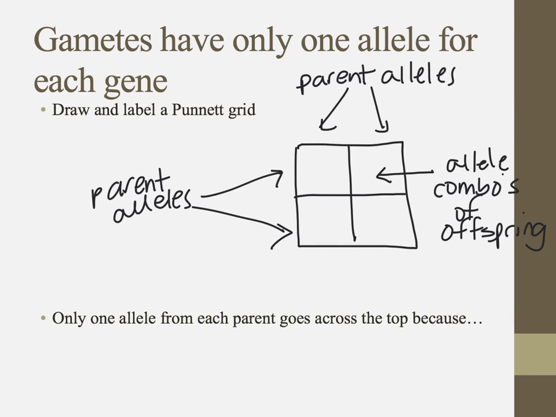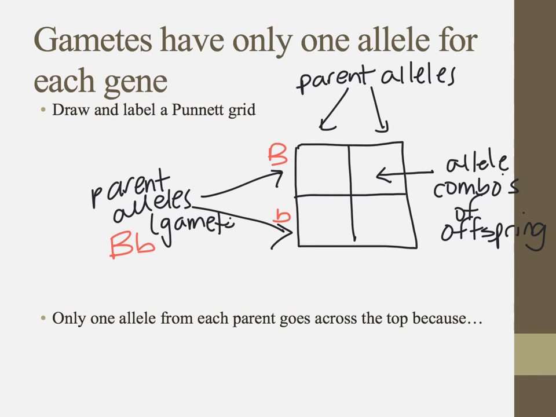I'll show you more about that in a little bit. So if I have a parent who has this genotype, I'm only going to put one allele next to each box, either across the top or along the side. That's because those parent alleles are of the gametes.